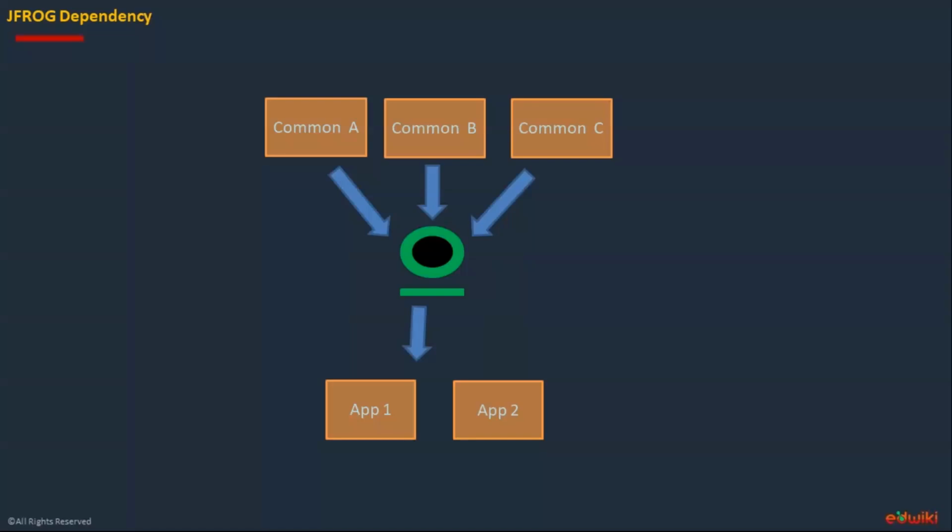That means from JFrog, it has to download the dependencies of common A, common B, common C. So we need to give some information there. We'll see how the syntax goes in order to specify the dependencies to download from JFrog. That's not a worry.